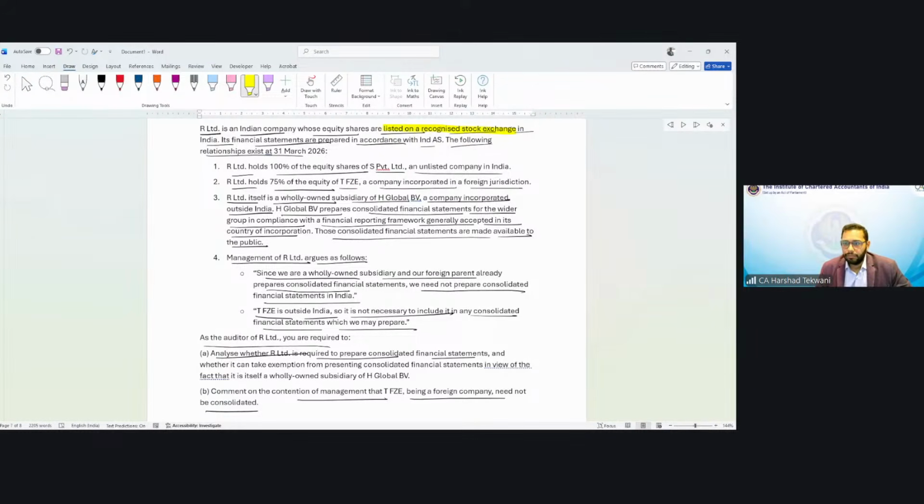That's why all will come. So the management's contention that TFZE, being a foreign company, need not be consolidated is incorrect. It has to be. Clear? Any doubt?